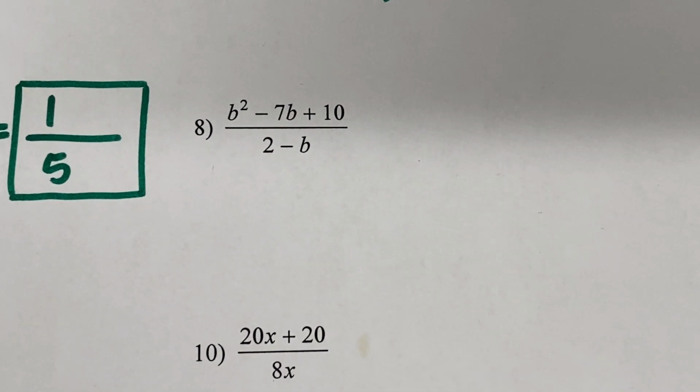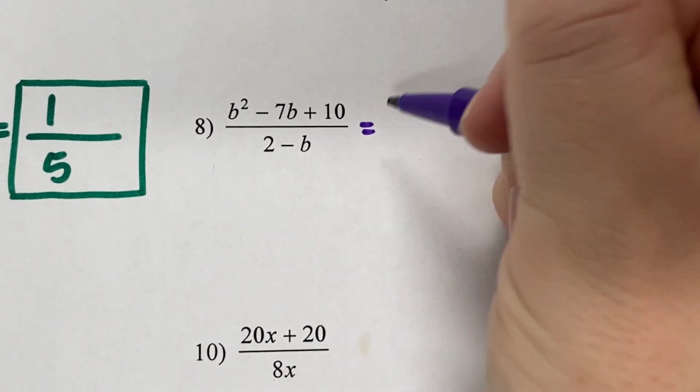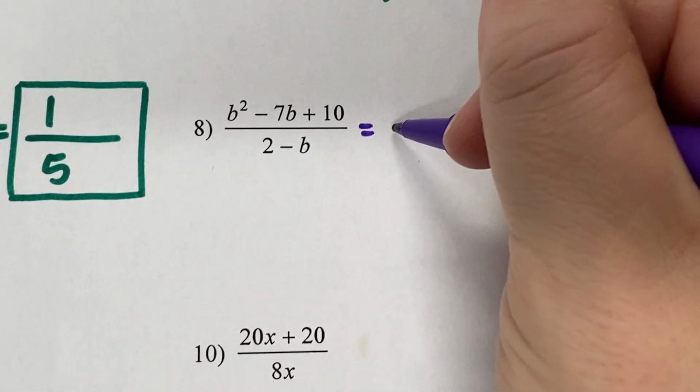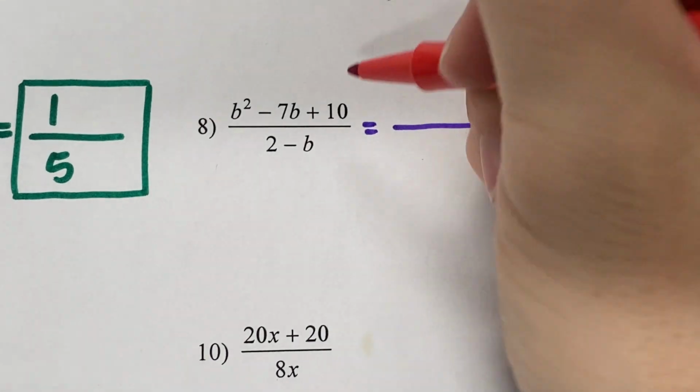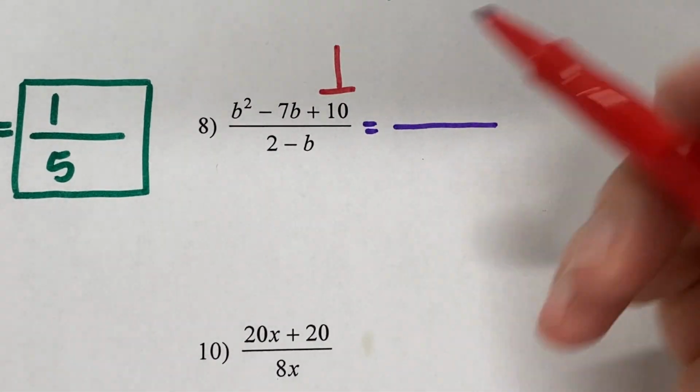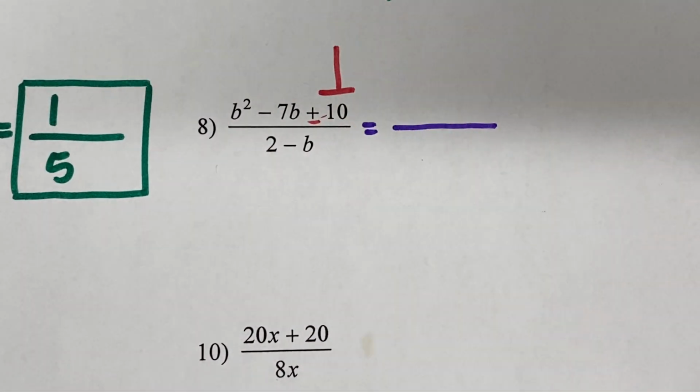Okay, number 8. My numerator. Okay, I can factor this guy by playing the number game. Okay, so give me 2 numbers that are going to multiply to positive 10, but add to negative 7.